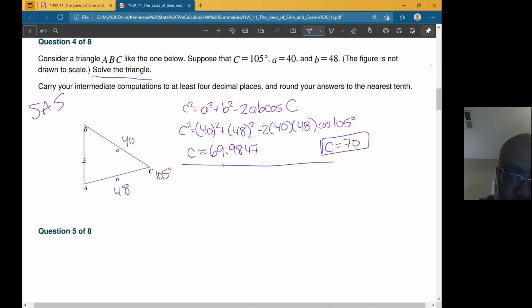So, sine of 105 over 69.9847 is equal to sine of big A over little a, which is 40.